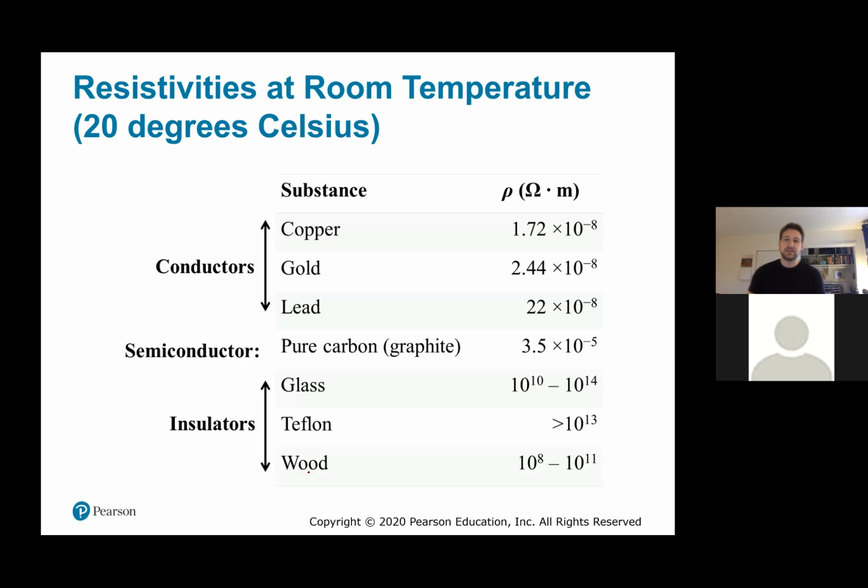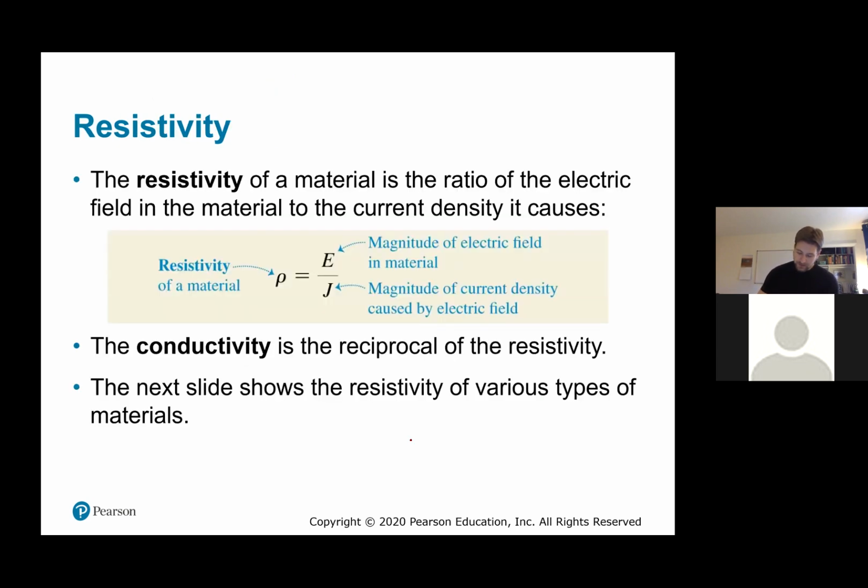Resistivities are given in units of ohm meters. Now we can tie that a little better to units we're more familiar with. Let me go back a slide. The dimensionality of rho.